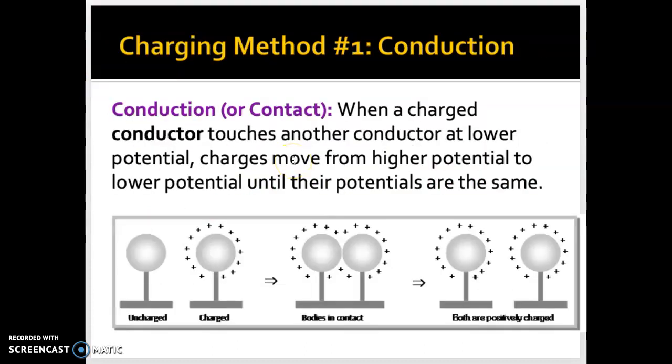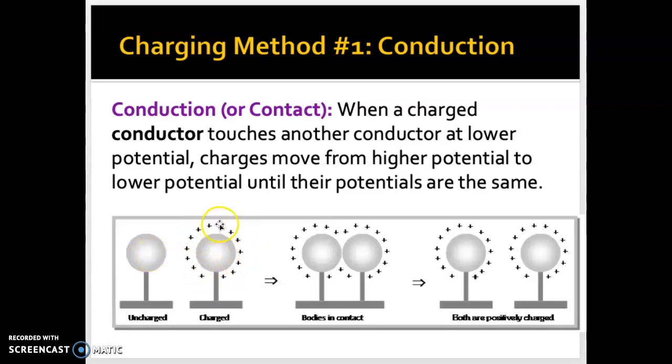So a couple of different ways that you can charge things, and this is what you're going to look at in the charging methods demo lab that you're going to do next. Charging by conduction is only with conductors, because you take one metal thing that's, let's say, positively charged, and you touch another conductor to it.